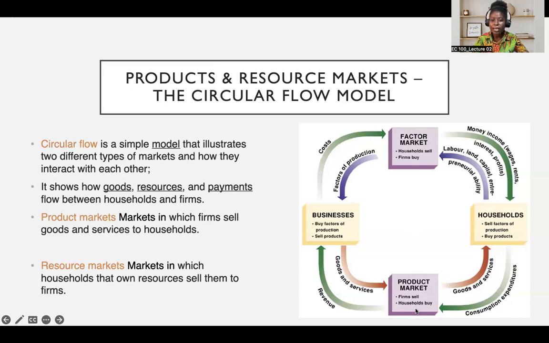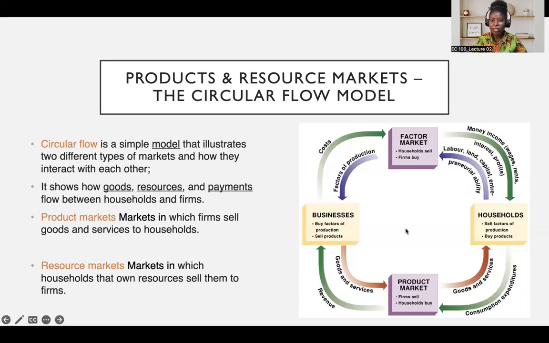The product market is where the exchange of goods and services, products, happens. And then the factor market or resource market is where the exchange of factors of production, or resources, happens. Remember, resources are the factors of production, right? Capital, labor, land, entrepreneurship. Okay? So how do these two interact?